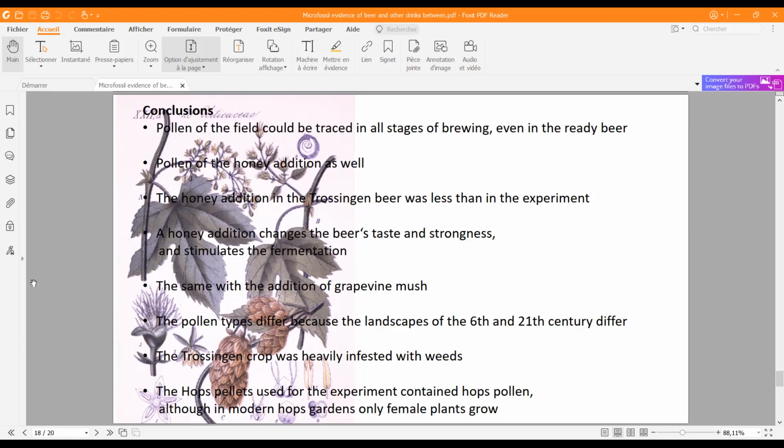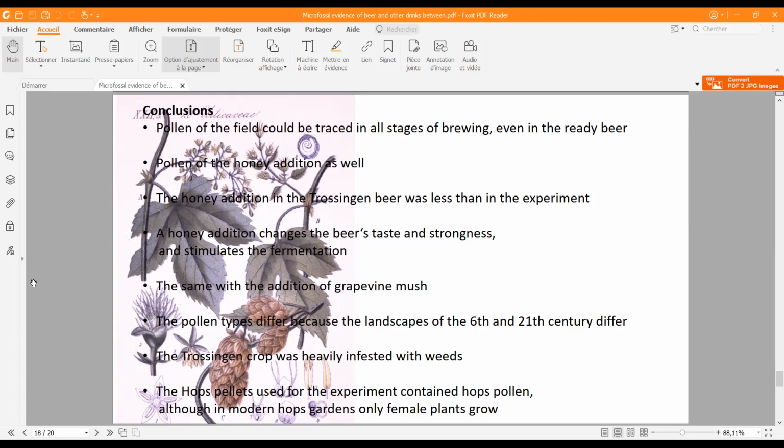Okay. And an addition of grape wine mash, which we also perhaps saw a little bit, one grain of wheat, but this grain can also come another way inside, by insects also. But perhaps they also added grape wine mash to stimulate fermentation.